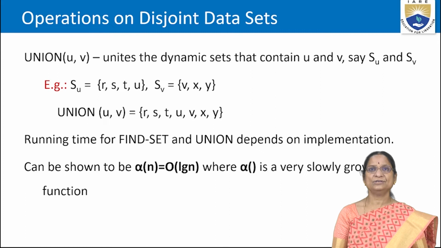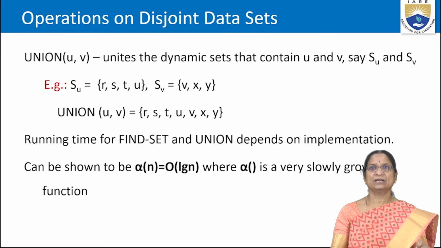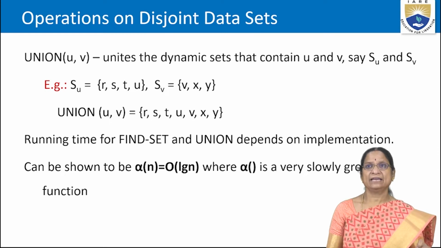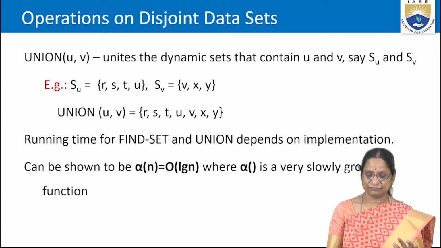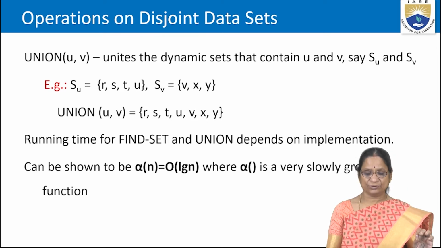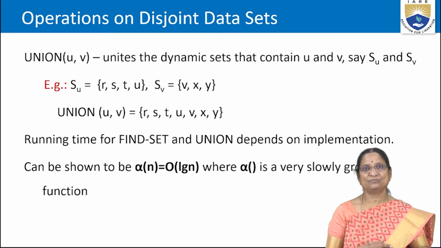Union means either the tree with parent of U becomes a child of the V tree, or V's tree can become a child of U's tree. That is, it unites the dynamic sets that contain U and V, say S_U and S_V. That is the normal union. In the graphical representation of trees, one is added as a child to the other.